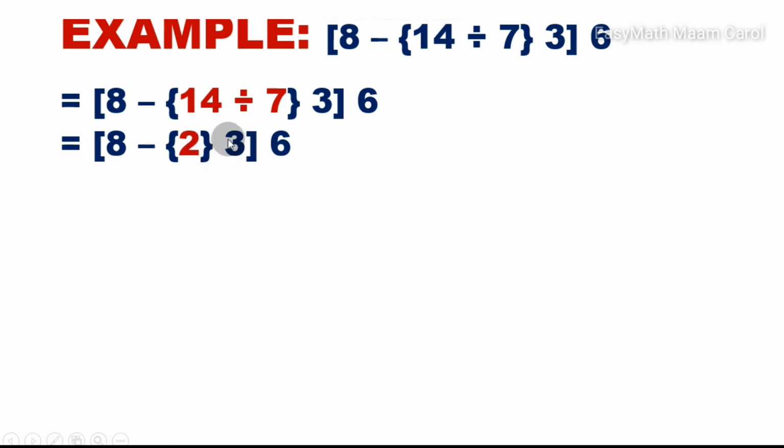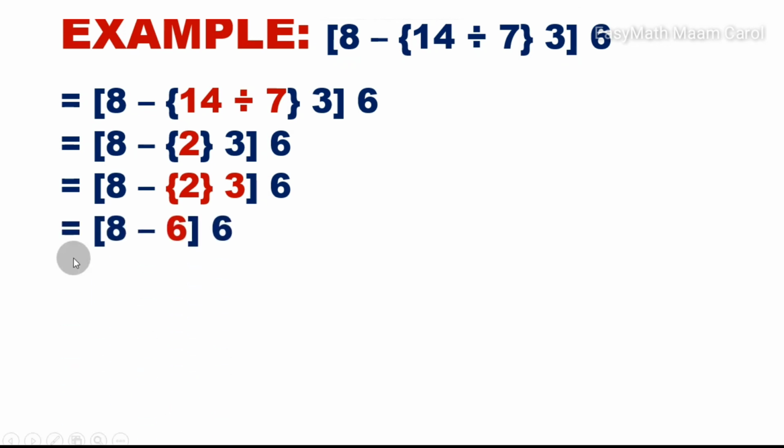So, kapag wala ka nakikitang operation, meron mga magkatabi, grouping symbol and the number, automatic, that's multiplication. So, there. So, ginawa nating red yung 3 to indicate that those two numbers are next to be evaluated. So, 2 times 3. Ano bang sagot? Alam nyo na yan. There. The answer is 6. Diba?